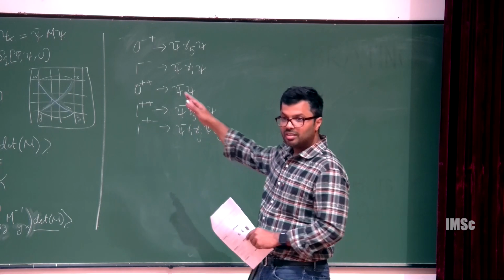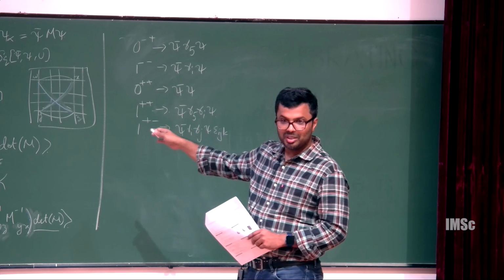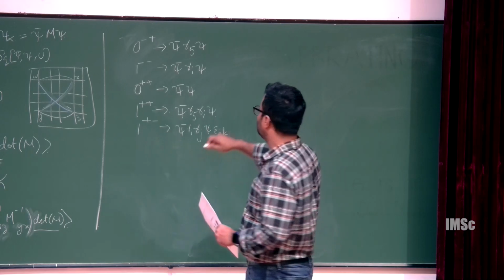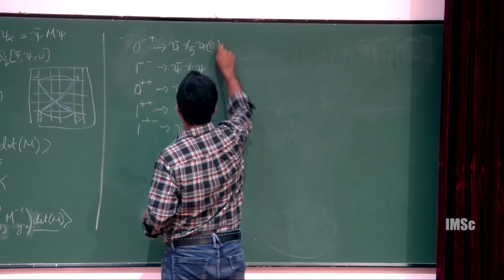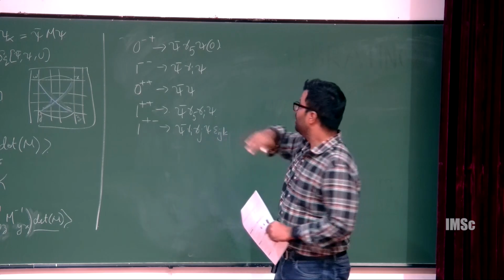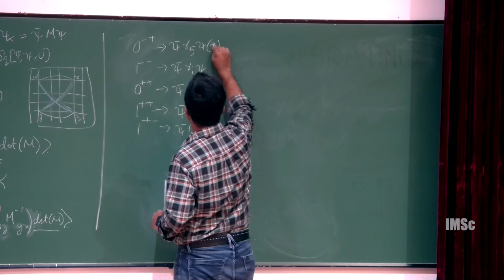Now this is not the only set of quantum numbers that you can live with. What I have actually just represented are just operators, quark bilinears, placed at one single space-time point.